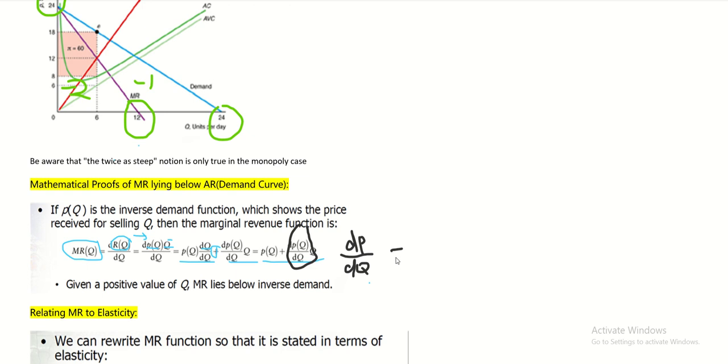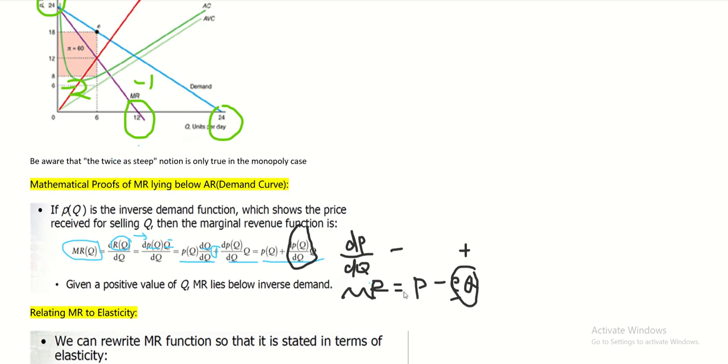As it is negative, this equation will be simplified so that marginal revenue equals the price minus, let's say, a constant E times Q. So E is a positive constant, so it's essentially P minus a positive number.